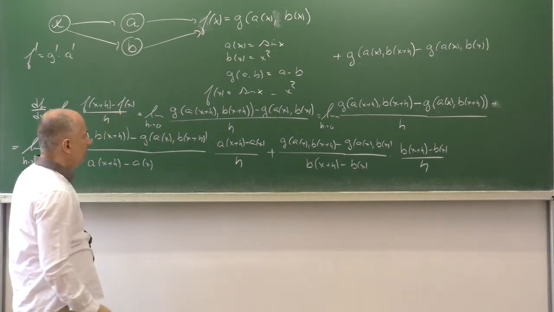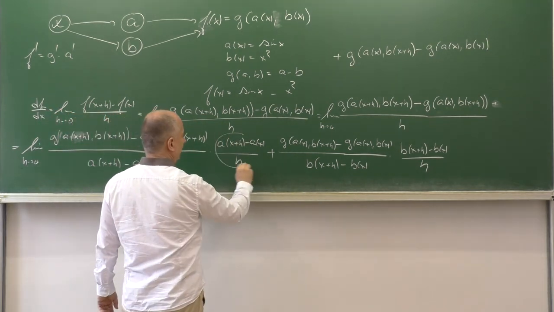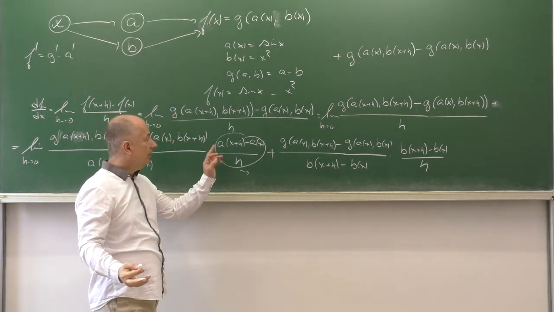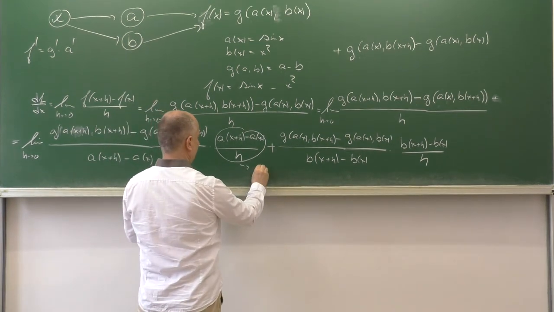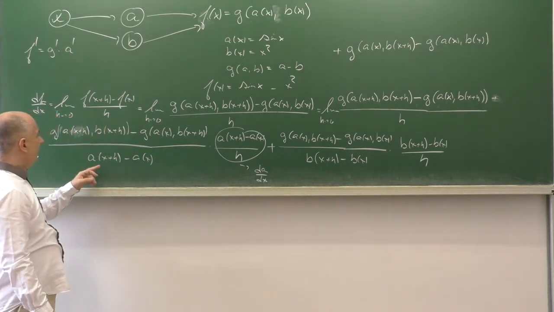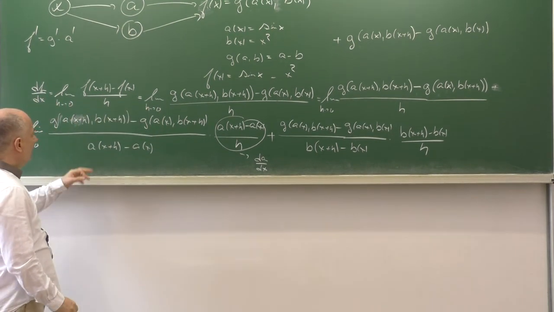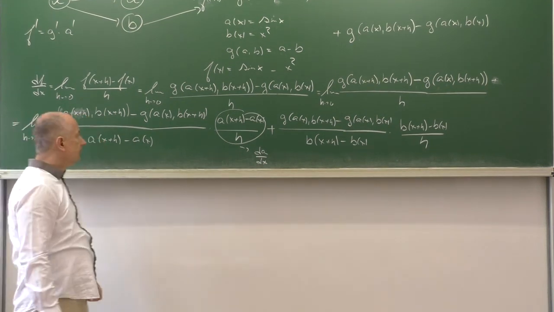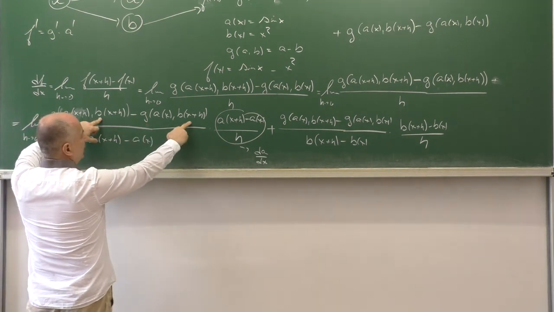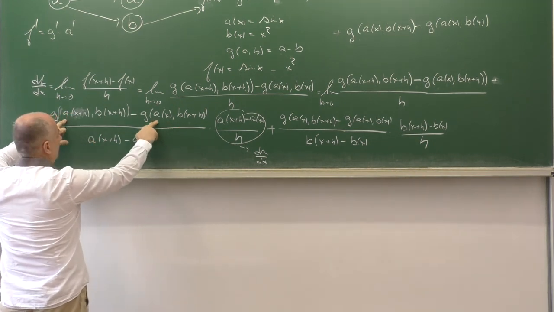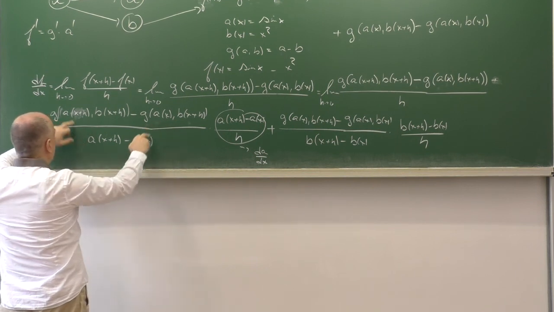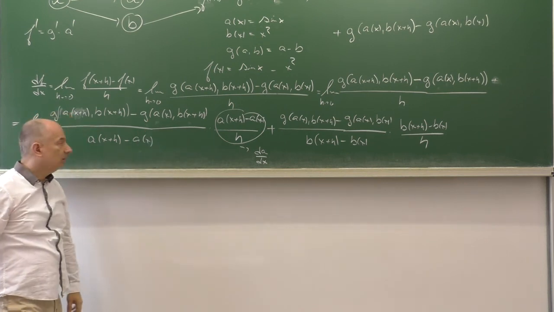Now when h goes to 0, this fraction goes to the derivative of a, and this fraction also resembles a derivative, namely derivative of g. Here you see the second argument is constant and the first argument differs, and we divide by the difference of the first arguments.